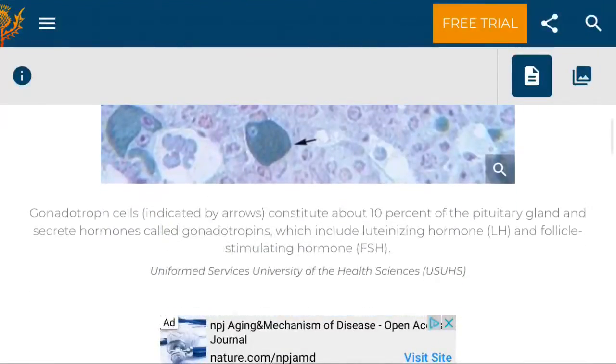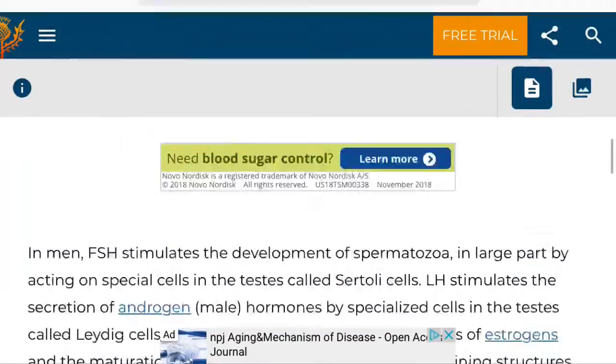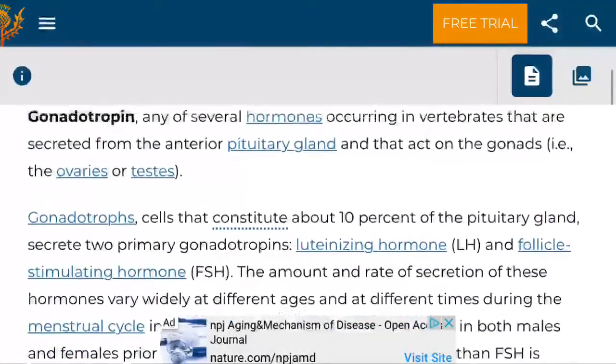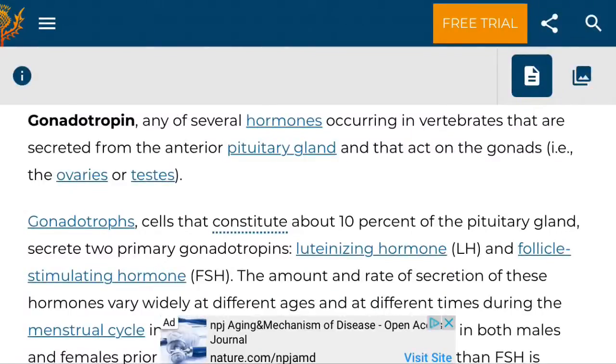Well, that is neat. Gonadotropin is one of several hormones occurring in vertebrates that are secreted from the anterior pituitary gland, the adenohypophysis, that act on the gonads.